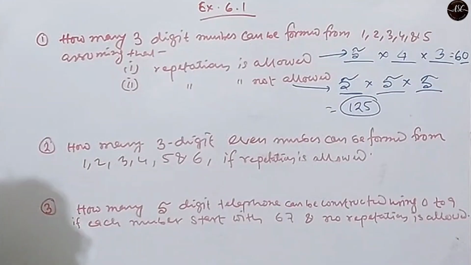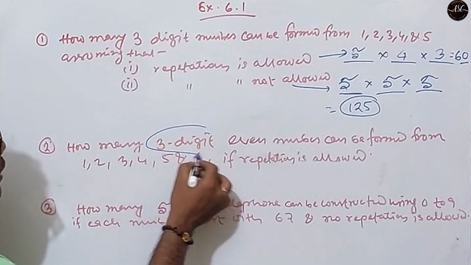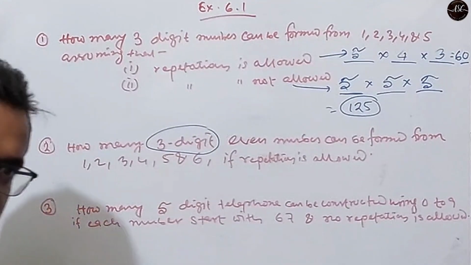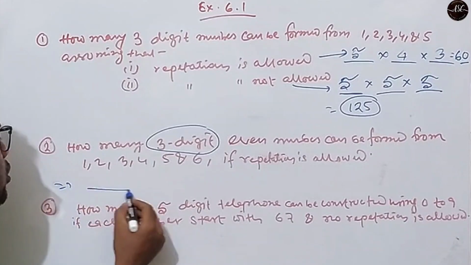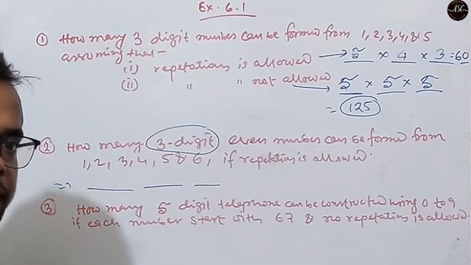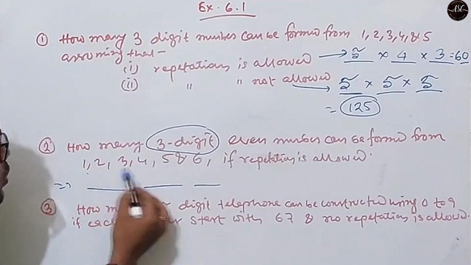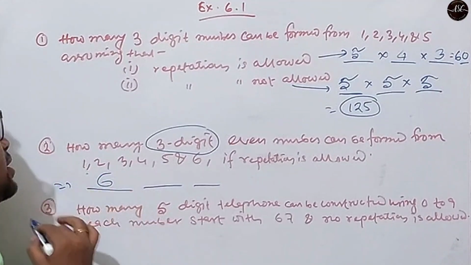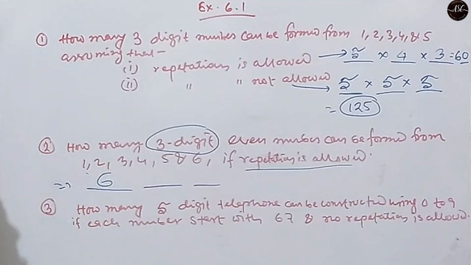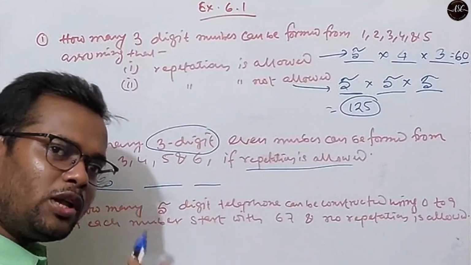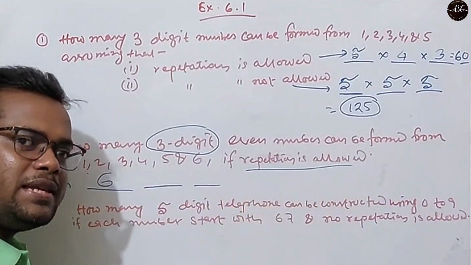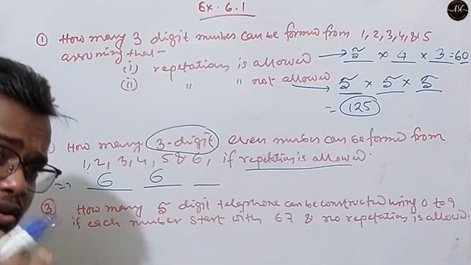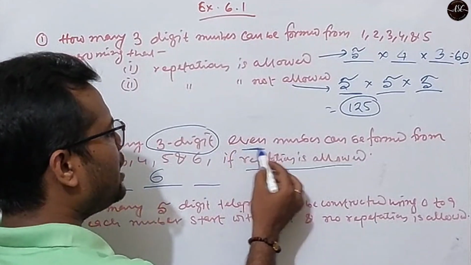Very simple. Okay, look at this question. Here we have to find the 3-digit even number. So just draw the 3 dashes. Here the total number is 6, 1 to 6, so 6 different ways we can choose. So just write 6. Here repetition is allowed, so next among the 6 we can choose in 6 different ways. Just write 6. Here the question is even number.